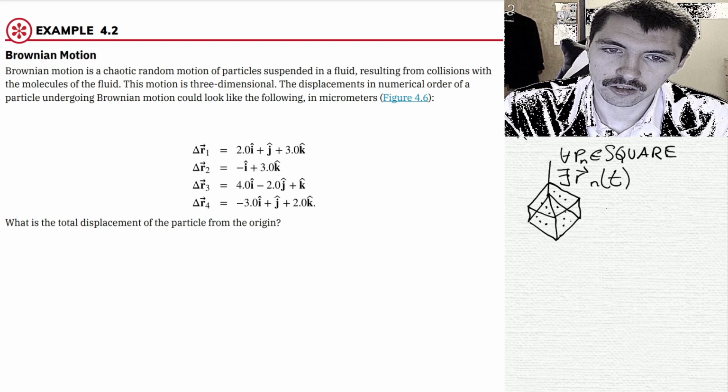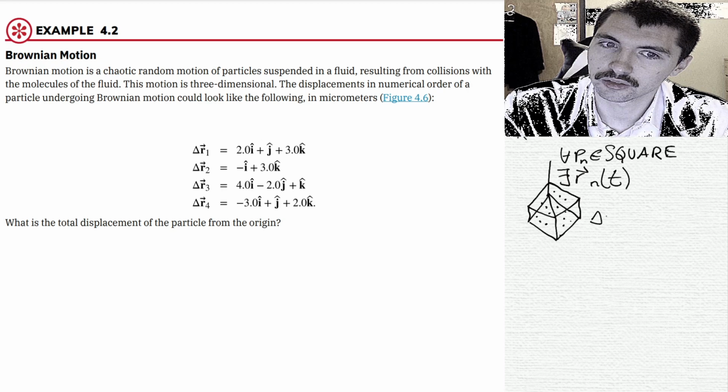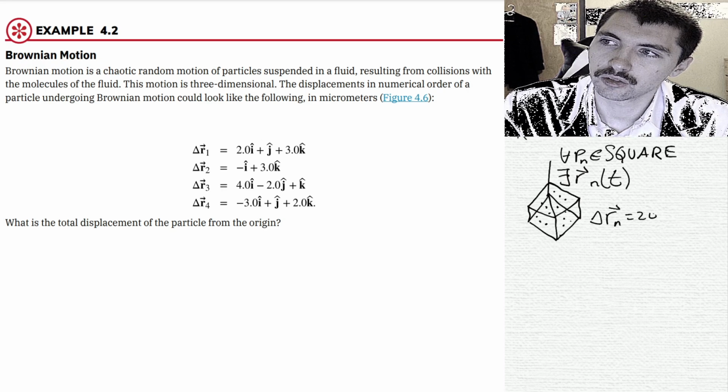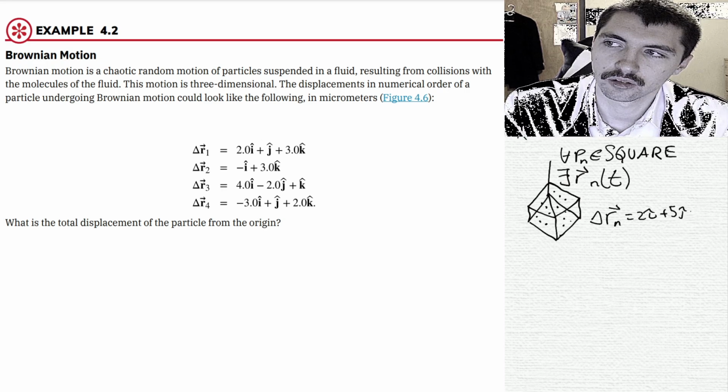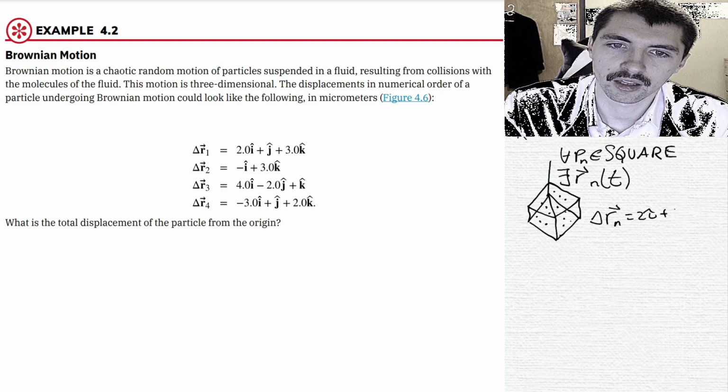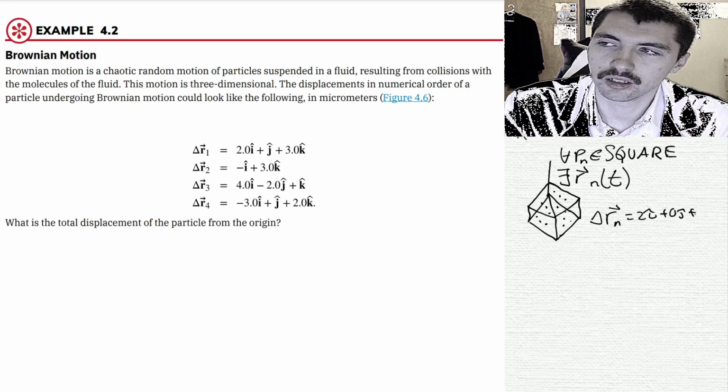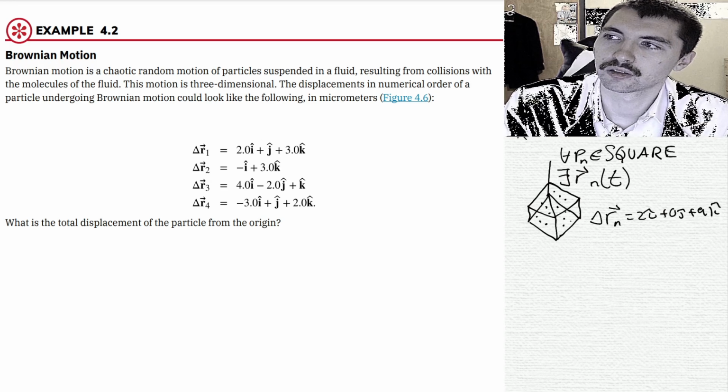Delta R of n is 2i, 4, 2, 3, 5, no, 1, negative 1, 0j, 3, 6, 7, 8, 9k.